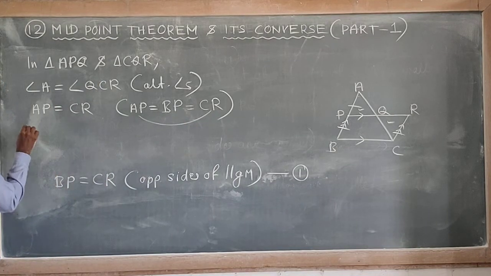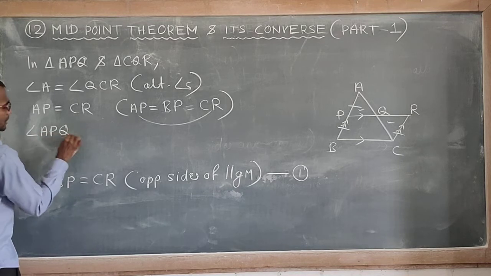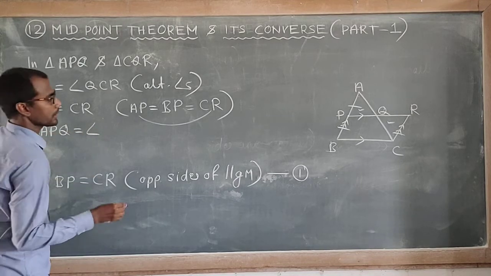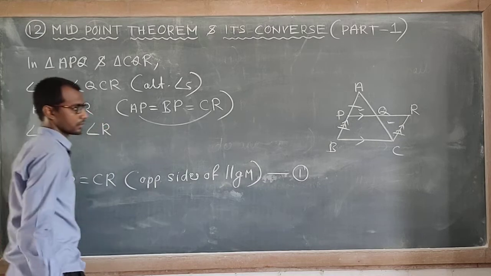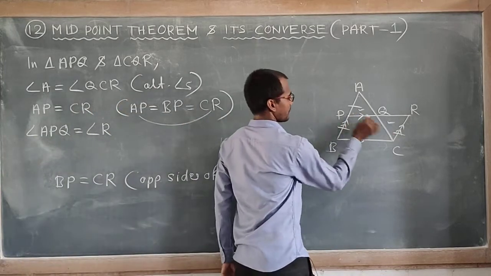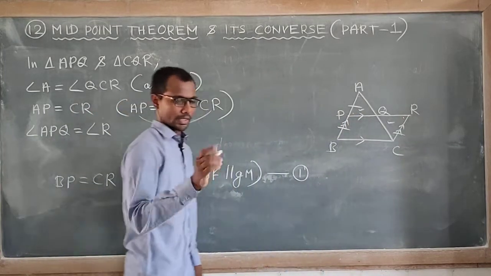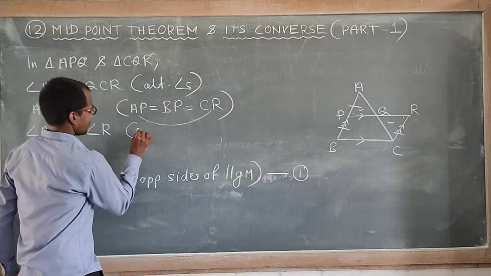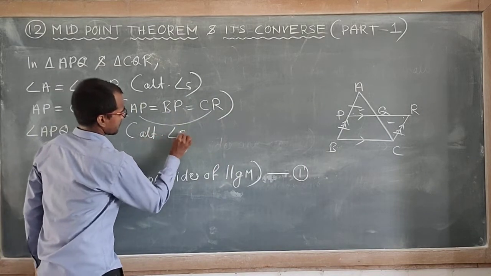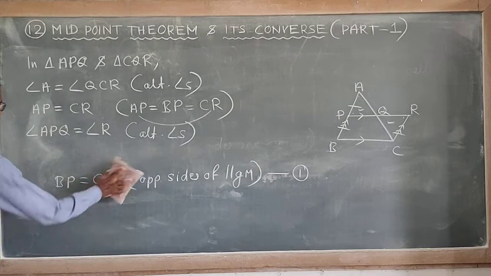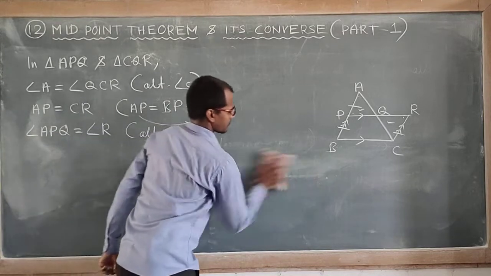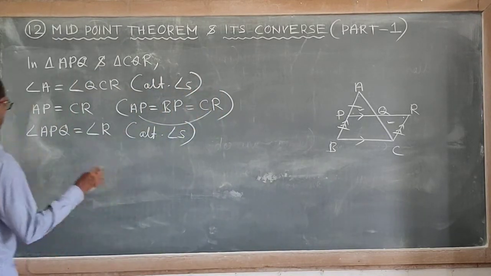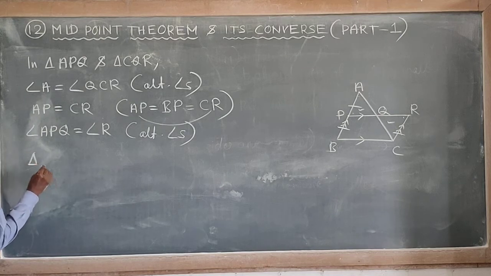Okay. Next, angle APQ is equal to angle, this angle is equal to this angle. Alternate angles. Again alternate angles. So by angle side angle postulate, these two triangles are congruent.